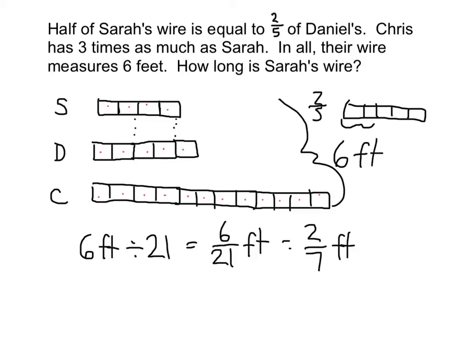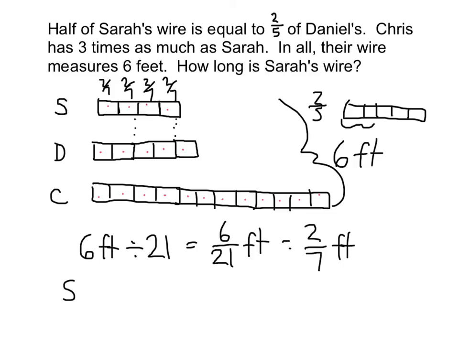So now they're asking us, how long is Sarah's wire? Well, Sarah is 1, 2, 3, 4 groups of 2/7. Each one of these units is 2/7. So I have 2/7, 2/7, 2/7, and 2/7. That's 4 groups of 2/7, or 2 plus 2 plus 2 plus 2 is 8.